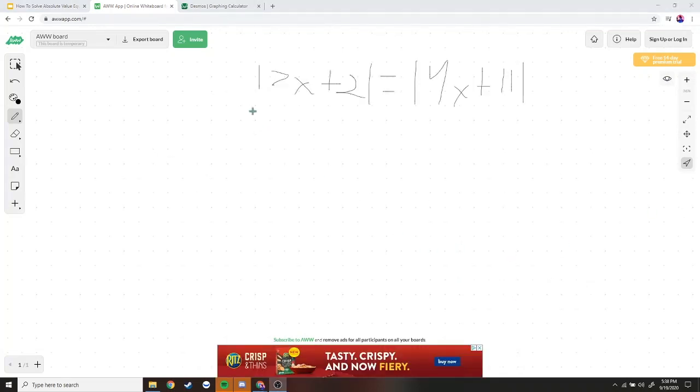For our final example, we have the absolute value of 7x plus 2 is equal to the absolute value of 4x plus 11. Now, this is extremely simple. What we're going to do for our first equation is write down our equation without the absolute values. We're going to have 7x plus 2 is equal to 4x plus 11.